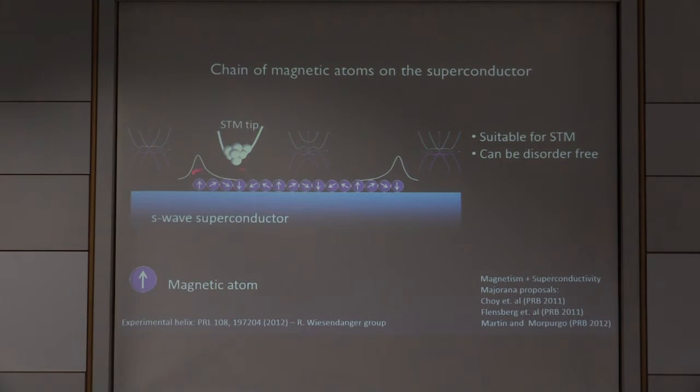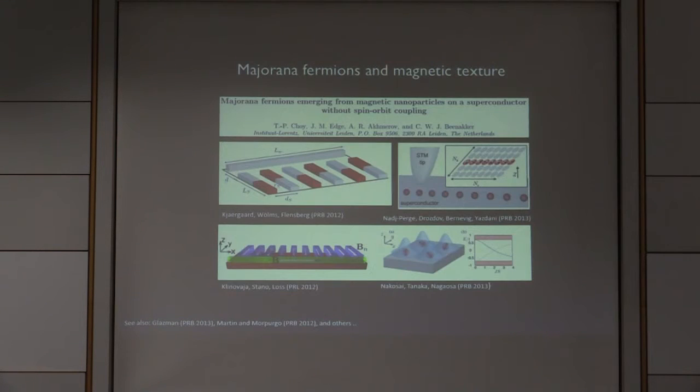As Leonid said, this is equivalent to having a spin spiral. And in the beginning, we were discussing this in the context of a spin spiral, just because there was experimental evidence that spirals can be achieved in a very similar system of iron on iridium, which was reported by Wiesendanger's group.